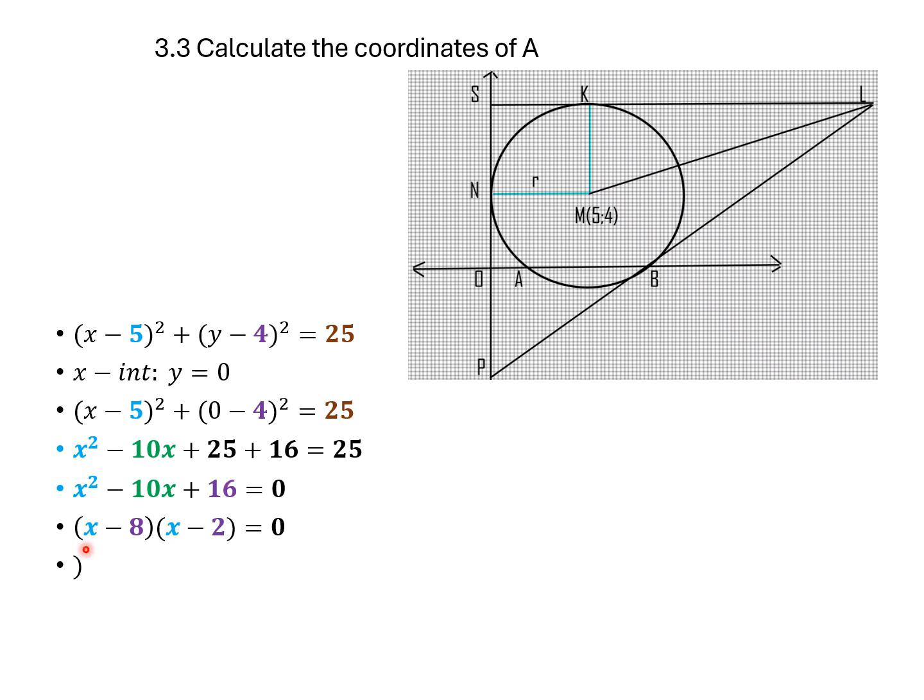From there, x equals 8 or x equals 2. If you look at where A is, A would be (2, 0) and B would be (8, 0), because they are the two x-intercepts.